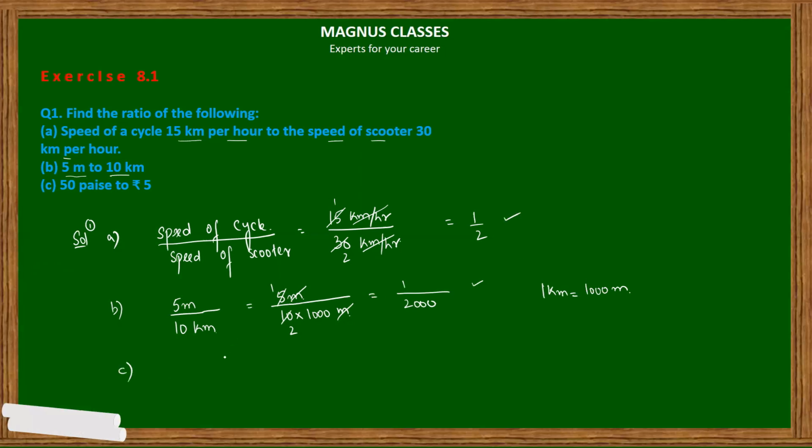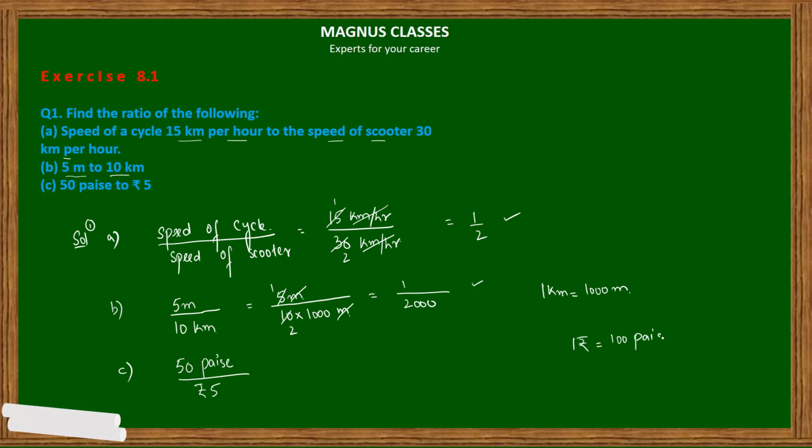Let's see the C part. It says that we need to take the ratio of 50 paisa to rupees 5. Now, obviously, these paisas are not available, but we have to know the value of this. So we know that 1 rupee is equal to how many paisa? 100 paisa.